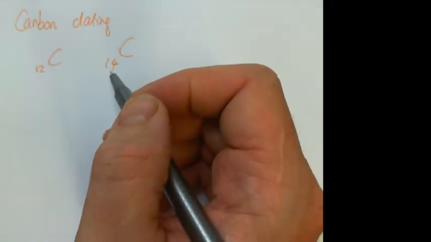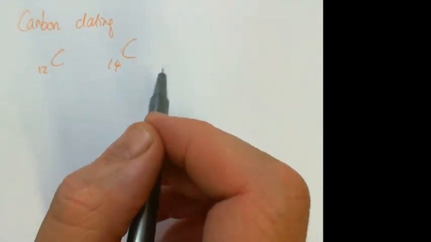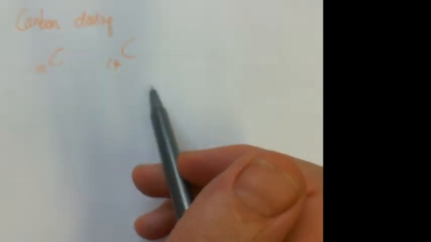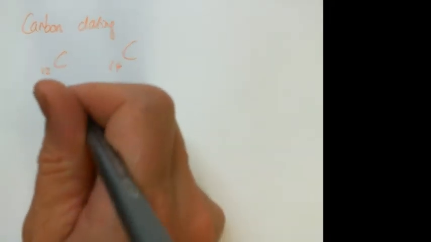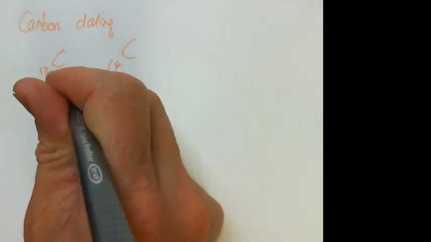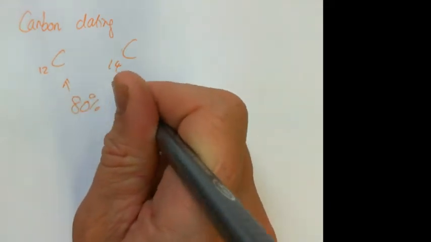They've both got the same number of protons because they're both isotopes of carbon, but one of them has too many neutrons and gets rid of those by emitting radiation. When you are living, you are taking on carbon-12 and carbon-14 in a fixed ratio. I can't remember what the exact percentage is, but I'm going to guess it's around 80% of this one and 20% of this one.